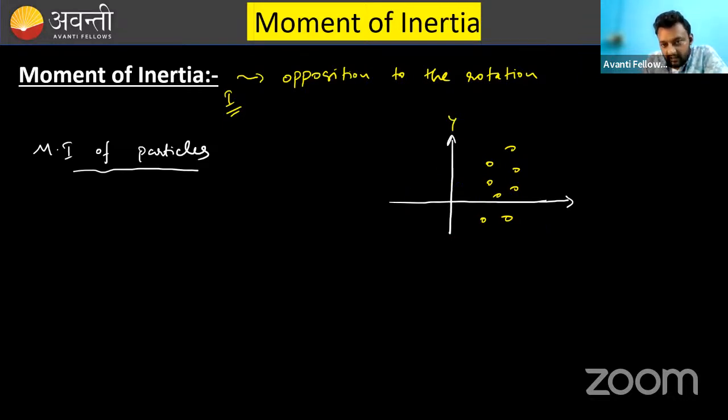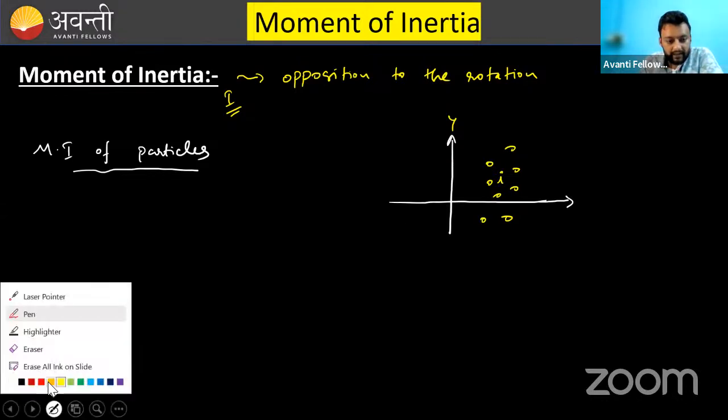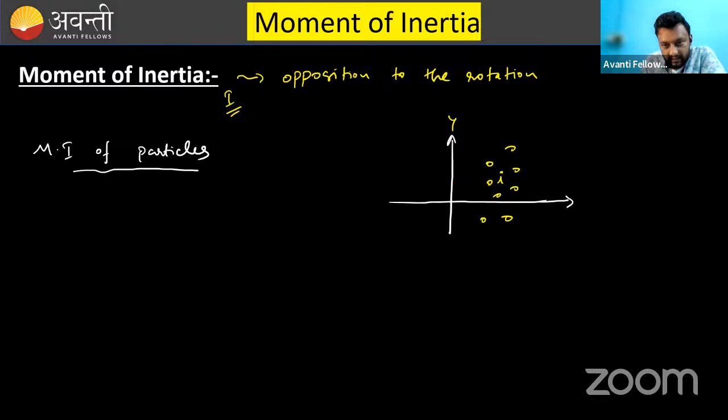Then I consider particle 1, particle 2, particle 3, up to n particles. I am considering the ith particle, and the perpendicular distance of this ith particle from the y-axis, or from the axis of rotation, is r_i.